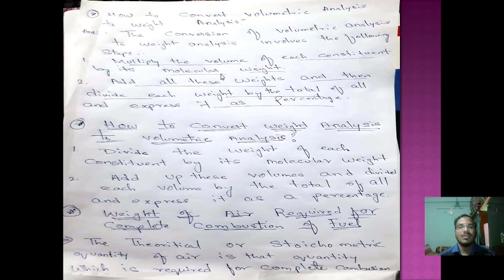Next, how to convert weight analysis to volumetric analysis? It's the reverse. First we divide the weight of each constituent by its molecular weight, and then we add up the volumes. In the volumetric to weight analysis the second step is adding, whereas here in the second step we are dividing.